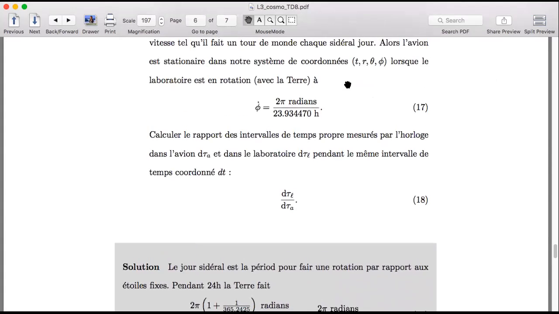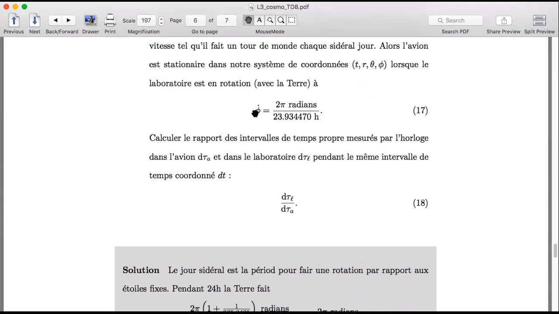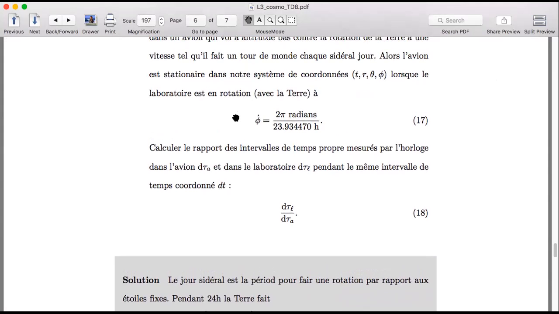I decided to call this phi dot. I imagined that phi dot was the rate of change of this angular coordinate with respect to proper time, but within 1 part in 10 to the 12, that's the same as coordinate time, right?